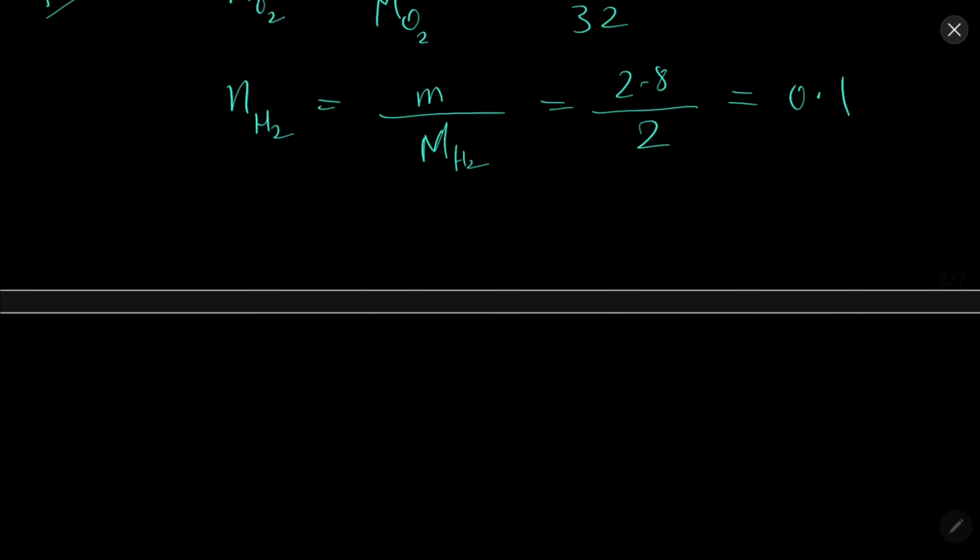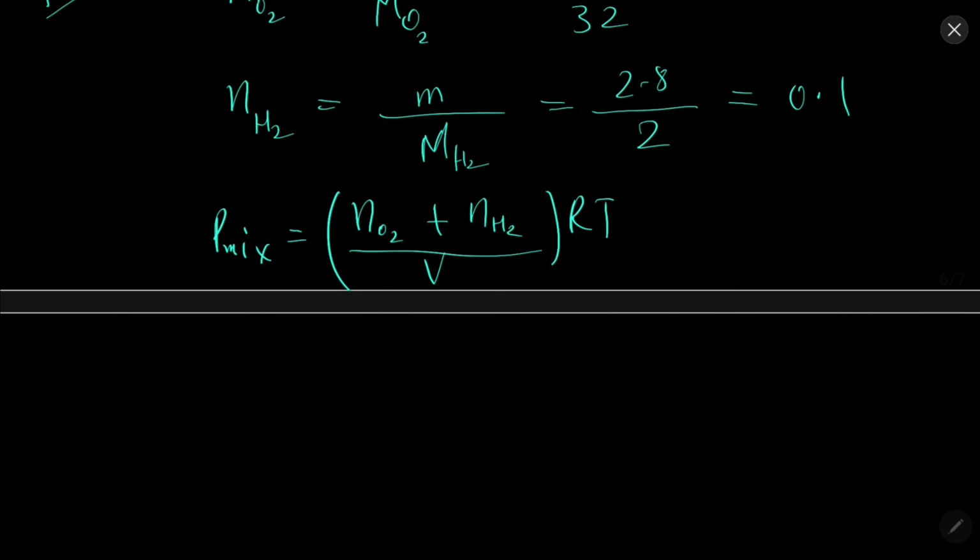Sorry, N2. So after this the mixture will be N O2 plus N N2 over V into RT. So when we put all the values, we will obtain 2250 pascals.